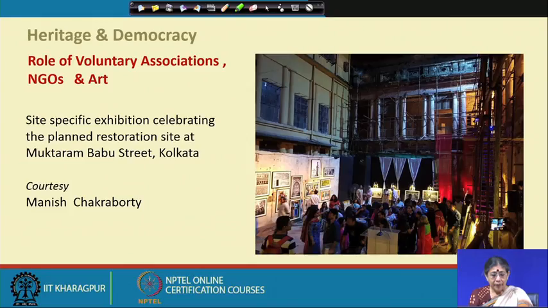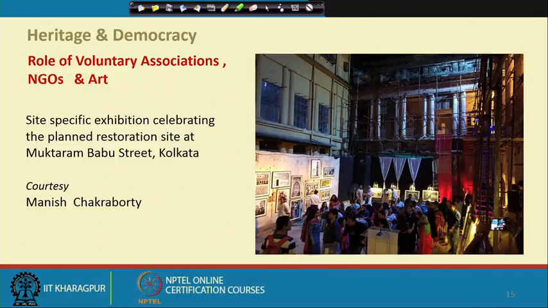And also, there is Muktaram Babu Street, an old mansion which is now being renovated. Monish Chakraborty, a famous local conservation architect, is doing a site specific exhibition. It is not just doing an authentic restoration and finding out who can do that.